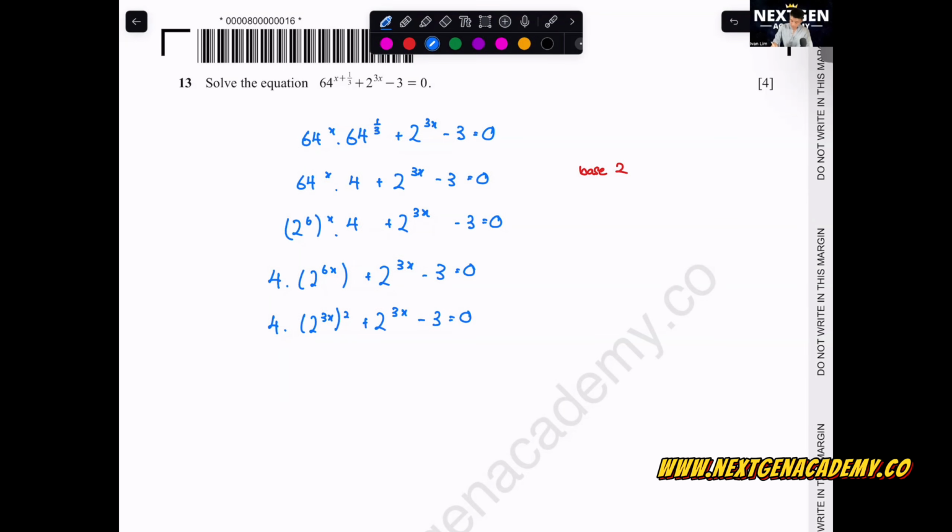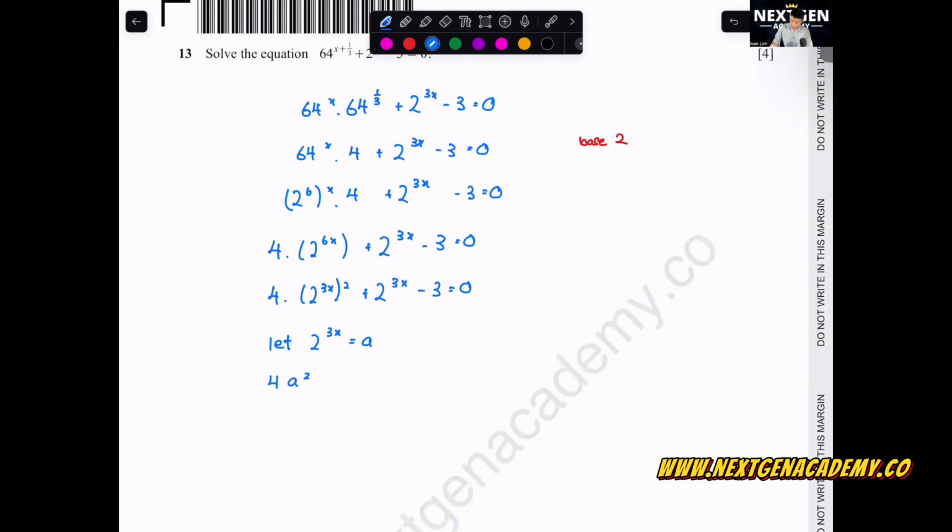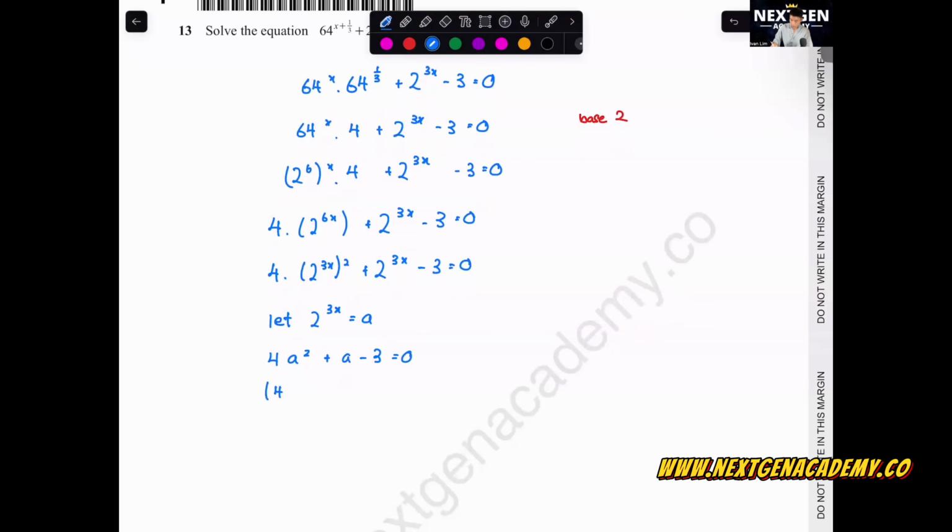Okay, we're going to let 2 to the power of 3x equals to a. So it'll be 4a squared plus a minus 3 equals to 0. (4a minus 3)(a plus 1) equals to 0.